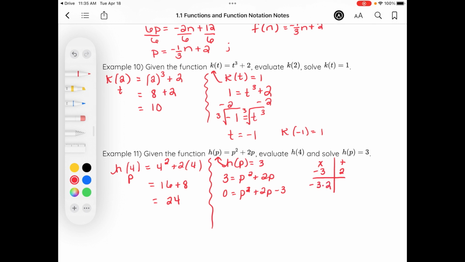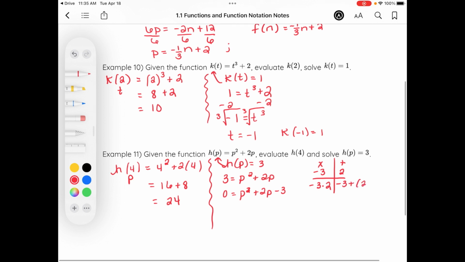Negative 3 times 2 works as negative 3 plus positive 2. Oops, I mean 1. Excuse me. So negative 3 times 1 is negative 3, and negative 3 plus 1 is in fact positive 2. So our magic numbers are negative 3 and 1.